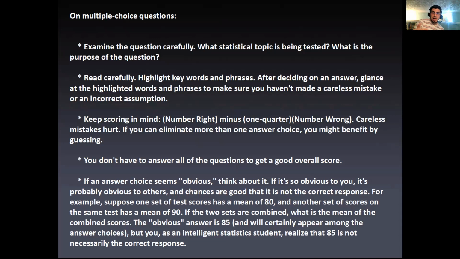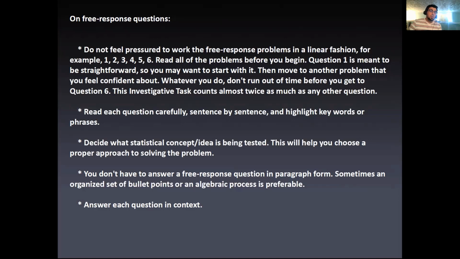So if the average test score for the first set was based on 10 tests and you got 80% there, but the second average was based on a set of 150 tests, then when you combine those, yeah, the average of 80 and 90 is 85, but the total average over all of those tests is not going to be 85.